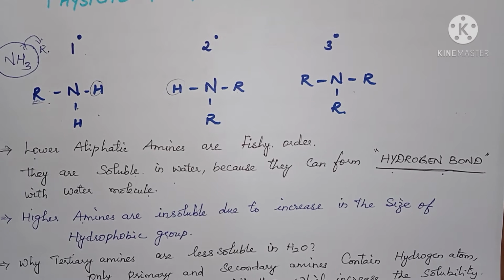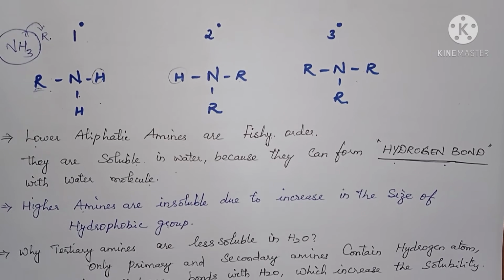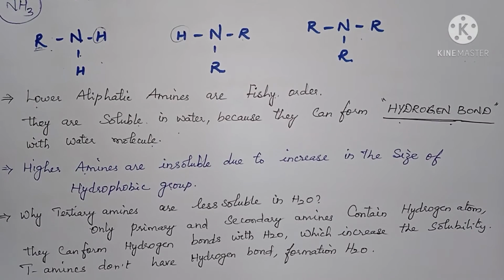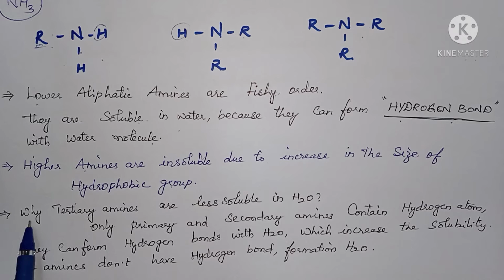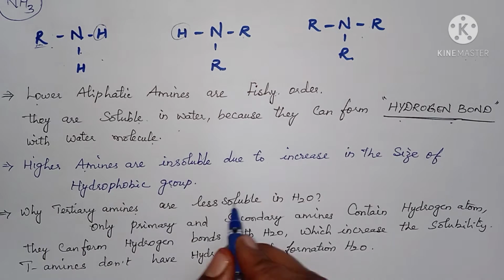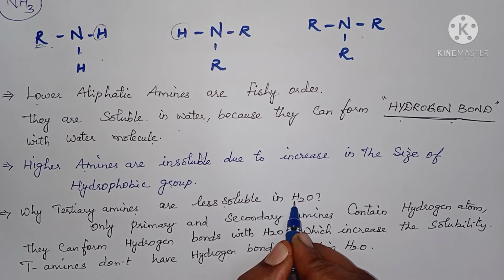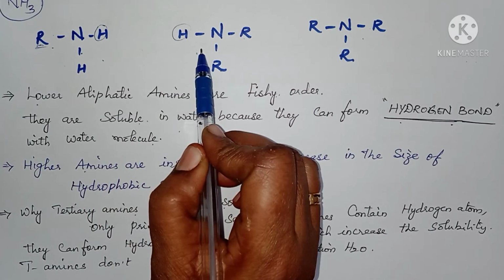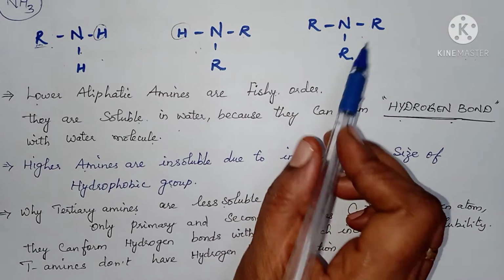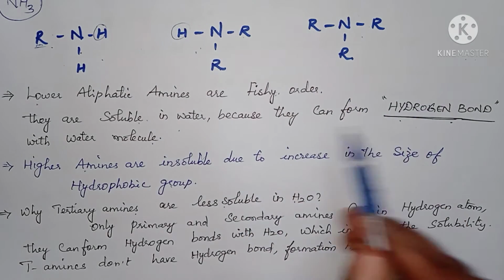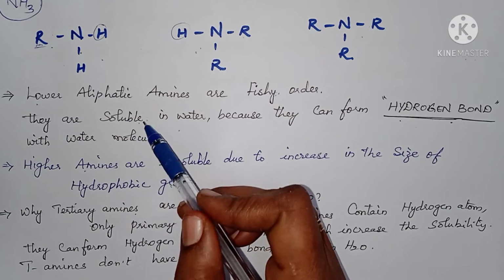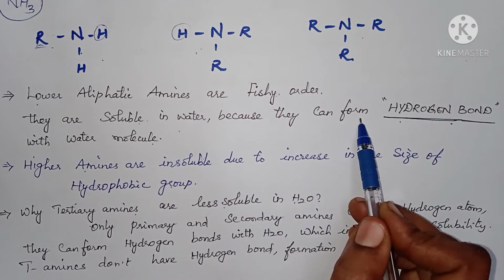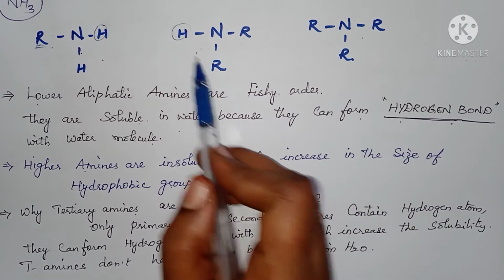Okay. Now, next, question-wise, like give reason questions, I would like to explain some points in this video. Why are tertiary amines less soluble in water? See, primary amines and secondary amines are easily soluble, but tertiary amines are not. Just now I told you all those lower aliphatic amines are soluble in water because of the hydrogen bond.